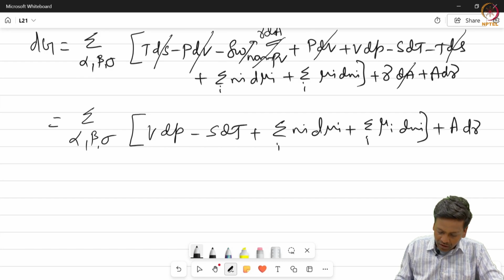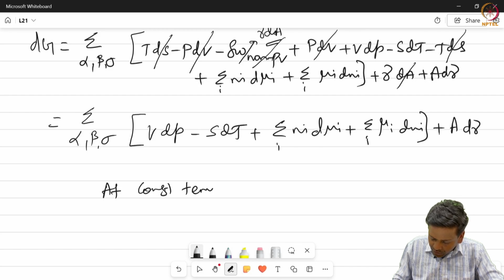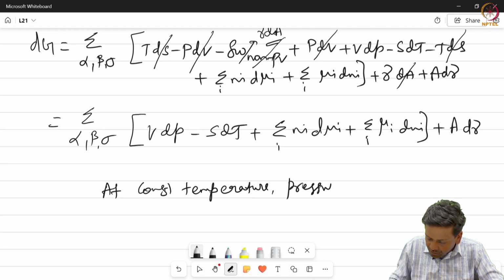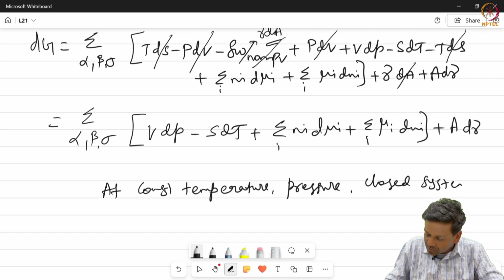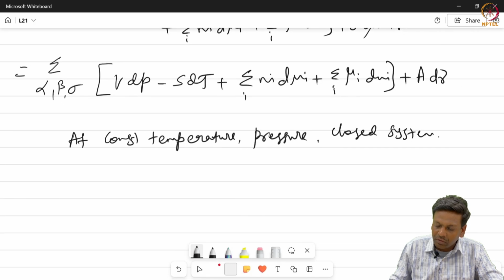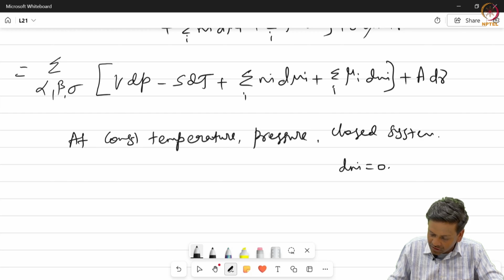Now, let us assume constant temperature and pressure, and also a closed system. For a closed system there will be no mass transfer, so dN_i will be 0 in such a case.